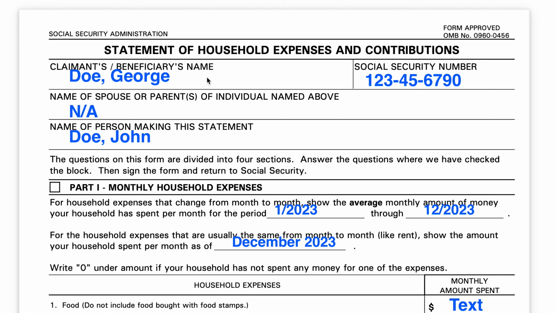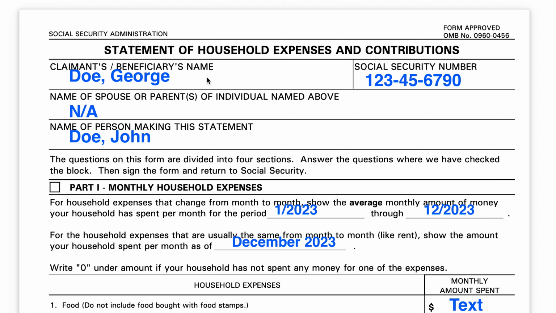In this case, we'll go with the story that John Doe is completing this form on behalf of his father, George Doe, who is a Social Security recipient and lives with John and his wife and his family.